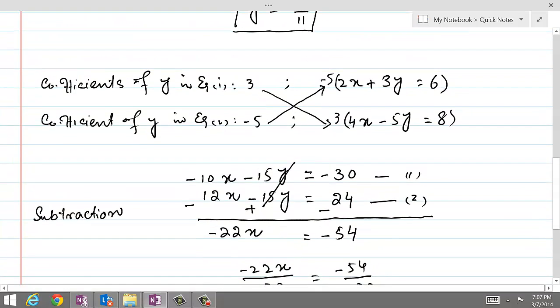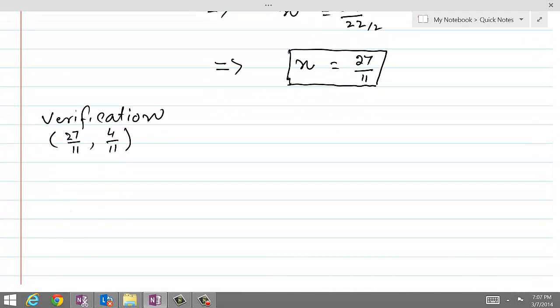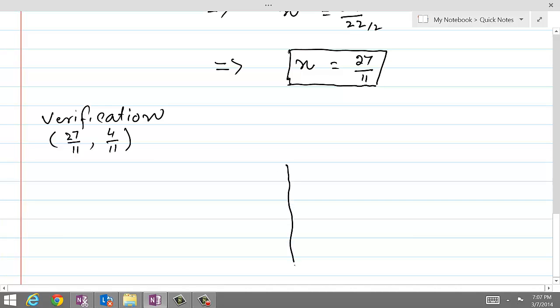So let's see if this point is a point of both lines. For that purpose, we are going to divide our workspace here and write the point for both: 27 over 11, and for the second equation as well, 4 over 11.